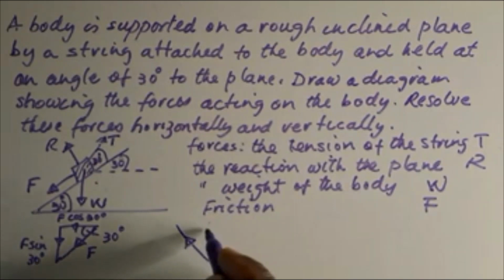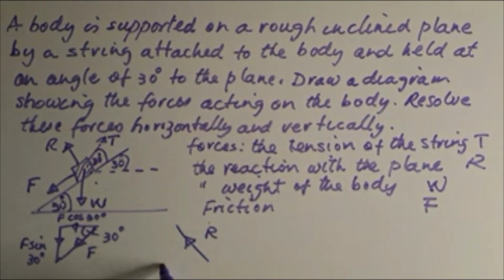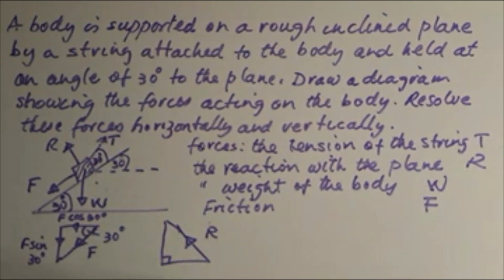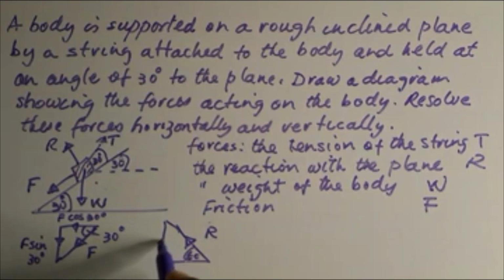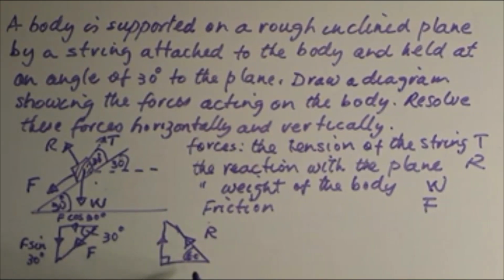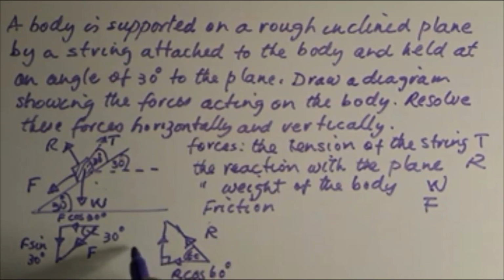So we have that as R, and our triangle comes along like this to give us this being 60. So we have this component acting in this direction, and this component acting here. So this is R cosine 60. This is R sine 60 degrees.